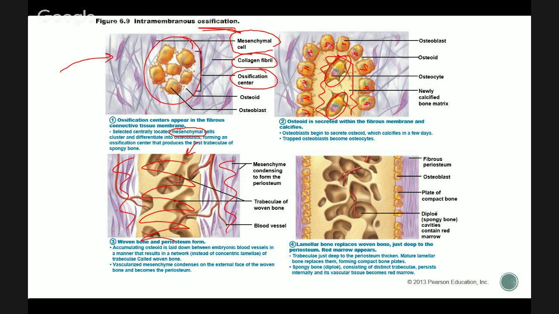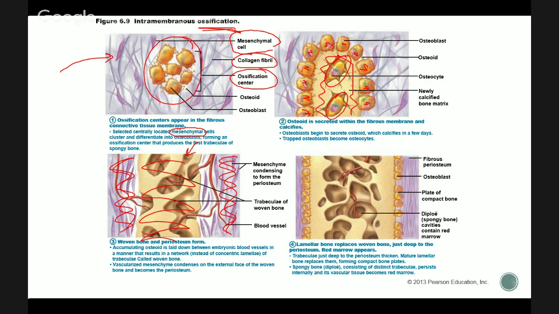But now the mesenchyme, as we're getting closer to the fetal period of development, is going to start to condense, and it's going to take on a different characteristic and quality. The mesenchyme is actually going to become the periosteum. And so now we have the periosteum, which forms from the mesenchyme. The periosteum now has differentiated from the mesenchyme.